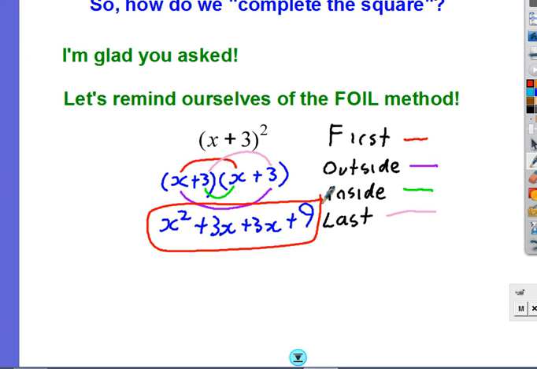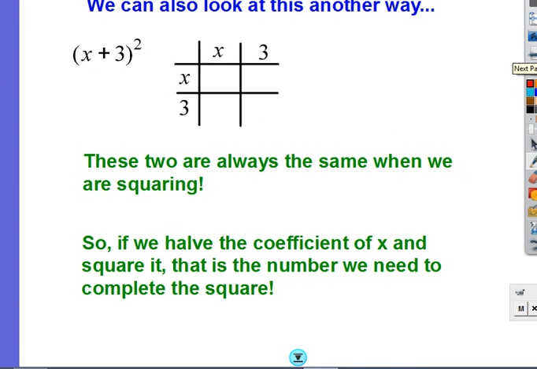And of course we can rewrite that, collecting like terms, as x squared plus 6x plus 9. The next step is so important that I'm going to show you on the next slide another way of looking at that. But just notice that we got 6x here because we added the two 3x's. So again, it's really important, so I'll show you this another way.